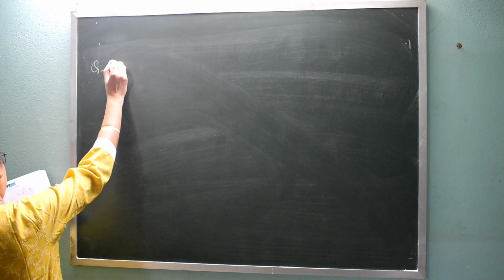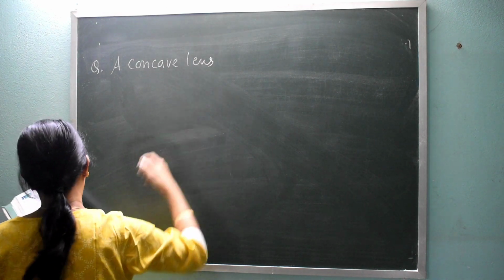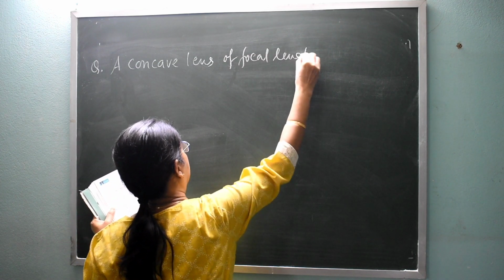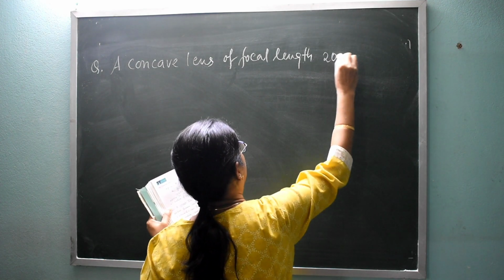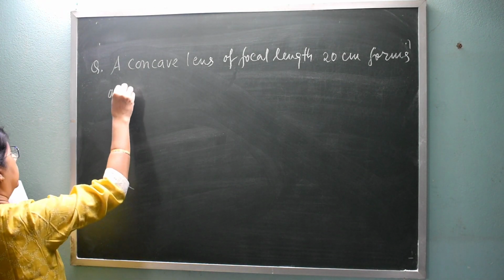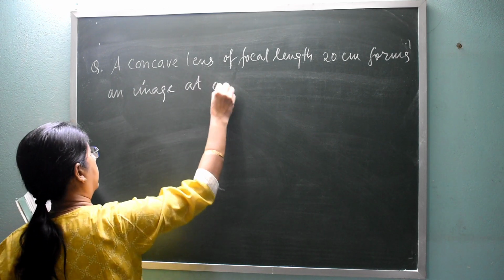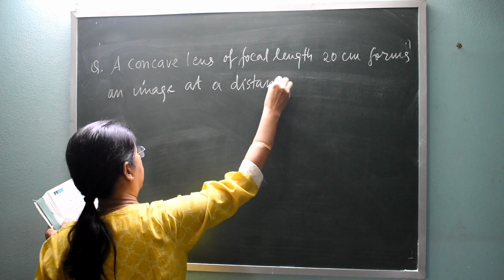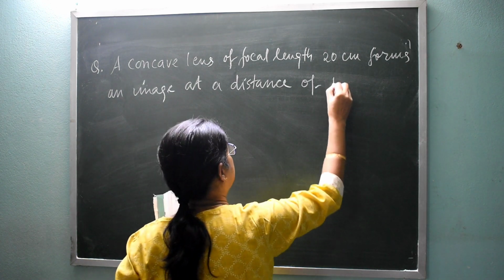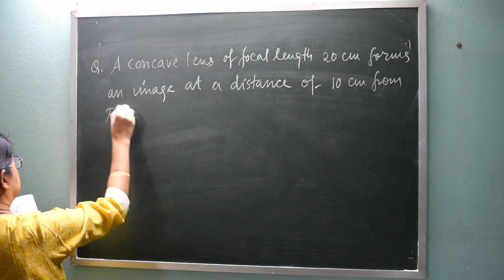One numerical will be for a concave lens. A concave lens of focal length 20 centimeter forms an image at a distance of 10 centimeter from the lens.